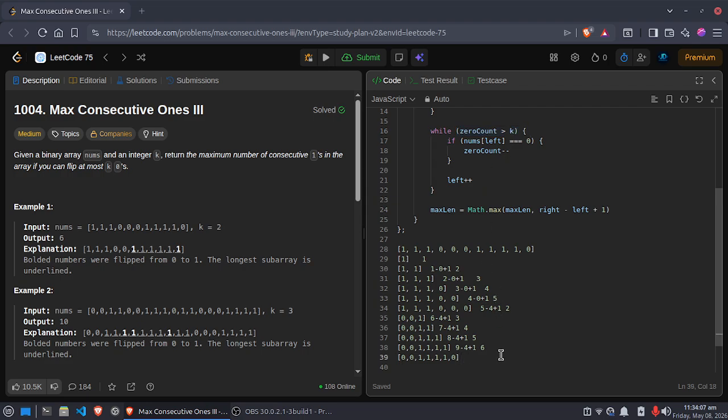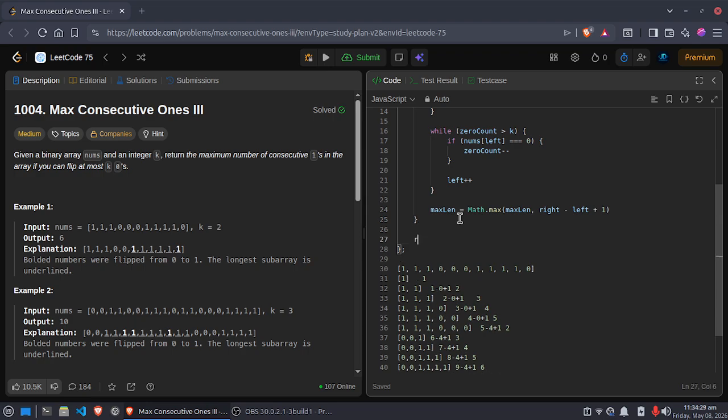So for that zero count minus minus, remove this 0 and left plus plus. Now this time right is at 10th index, 5 is the left value because left plus plus is done, and plus 1. 10 minus 5 plus 1 is 6, and in the last we get the maximum length as 6 and return this maximum length.